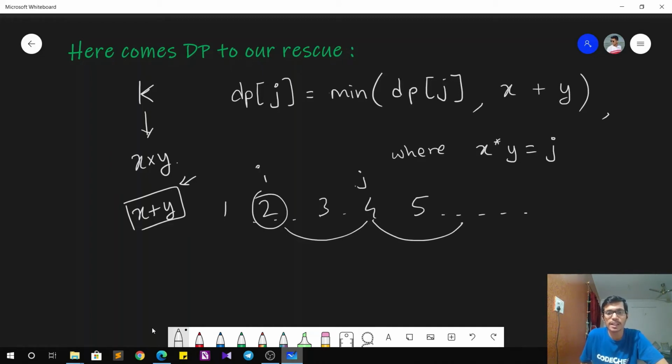So we know that j is a multiple of i. So x here corresponds to i and y here corresponds to j by i, so that their multiplication is j, and at the same time we are minimizing the value by always storing the minimum, right? So using sieve we can easily store the answer, but only if the question was that only one kind of pair is allowed in the sequence.